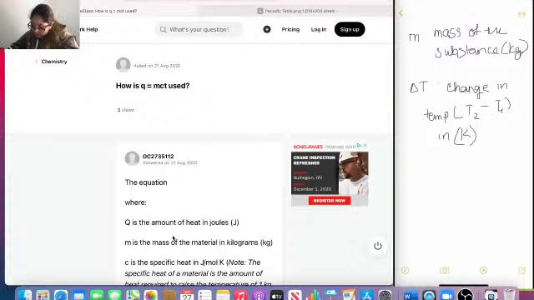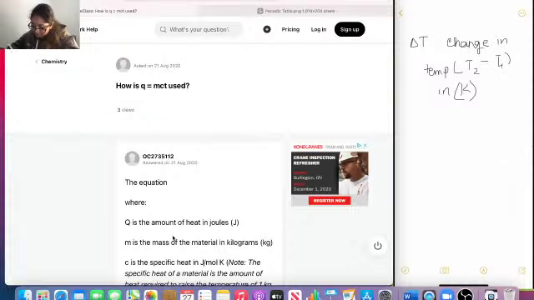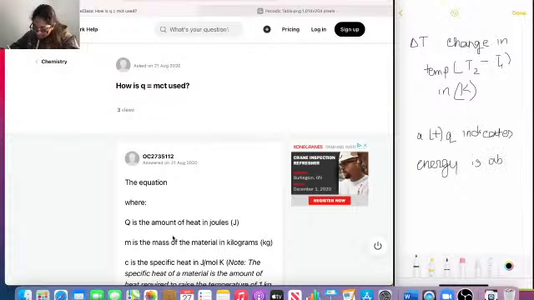And so basically we can say a positive Q indicates energy is absorbed, so it takes in by the substance.